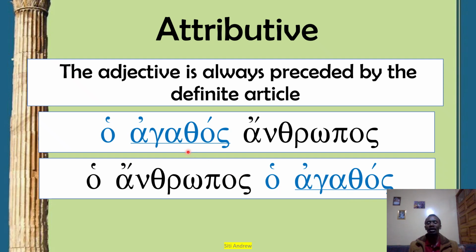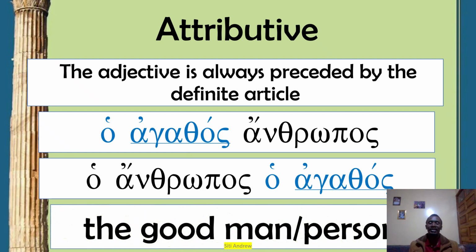So it doesn't matter whichever arrangement you take, you always translate it as the good man or the good person. So it's actually good, agathos, trying to explain more about the noun anthropos, that this man is good or this person is good.